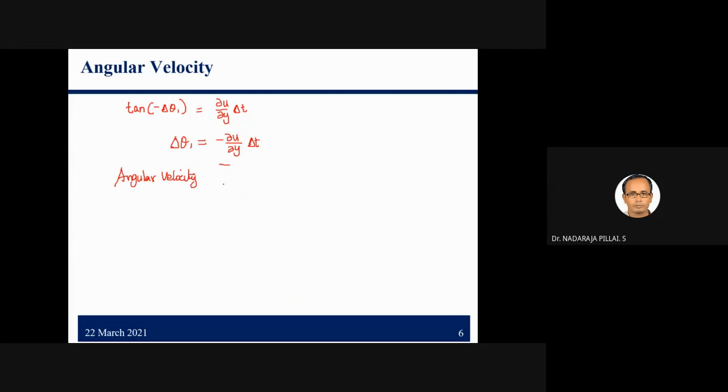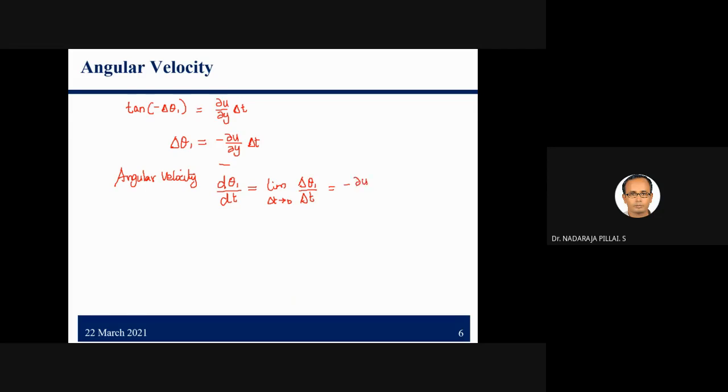So let us write d theta 1 by dt, right? So that is equal to, we can say that the limit del t tends to 0, we can write del theta 1 by del t. What is del theta 1 by del t?